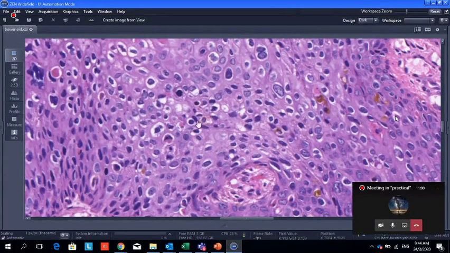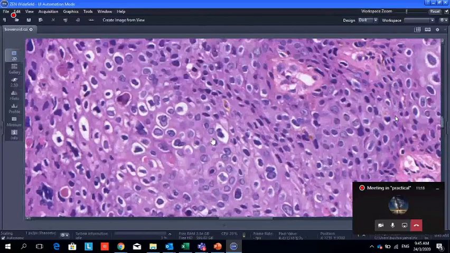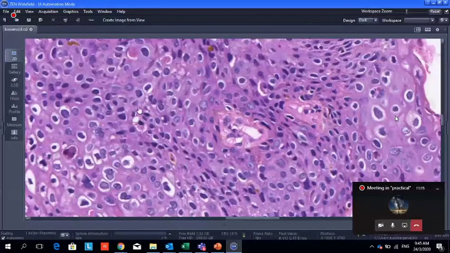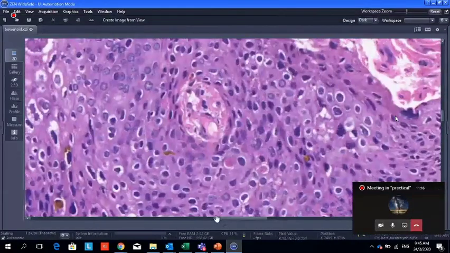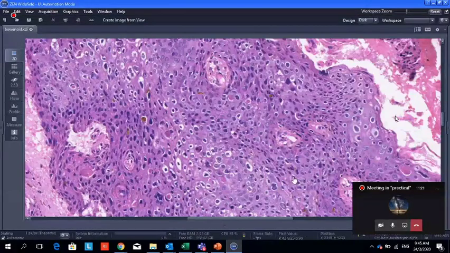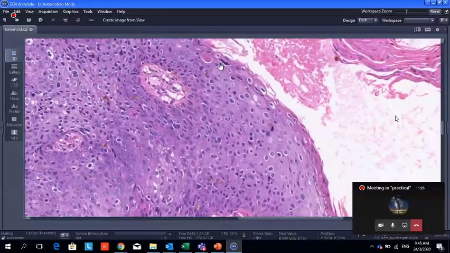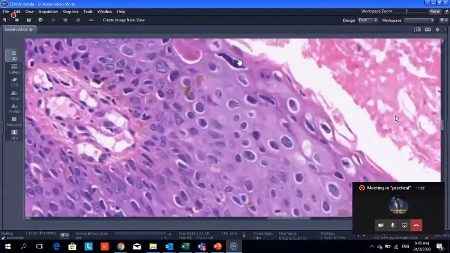What else? Increased mitotic figures. Where is the normal mitosis usually found? In the basal layer. But here we can see mitosis in any layer. See, like this, in the outer layer, this is mitosis.